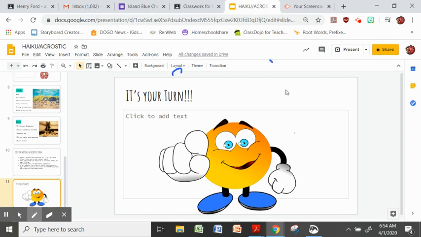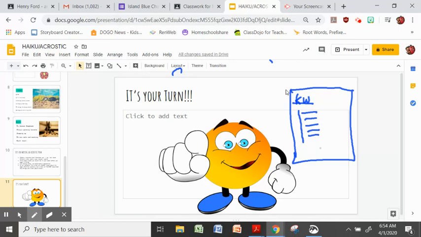So if this is your paper here, write your keyword here and then write your acrostic poem. And then at the end, you put "by" and your name, let's just think of "by Gwen."